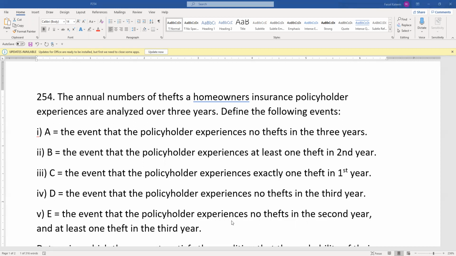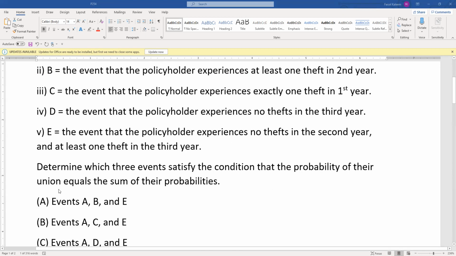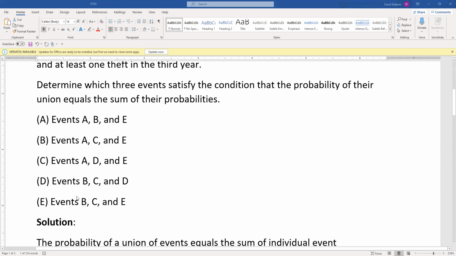And then again, we have already seen that E and B cannot happen at the same time, because E says no thefts in the second year, while B says at least one theft in the second year. So that means that if E is true, then both A and B are also out. So in these A, B, and E, I've just shown that if any of the three happens, the other two are ruled out. That means A, B, and E are mutually exclusive, and therefore A is the correct choice.